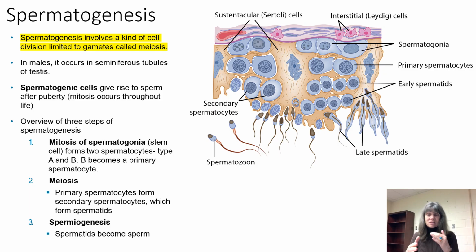Type A spermatocytes remain as spermatogonia, but type B spermatocytes become primary spermatocytes, which are eventually going to turn into sperm when spermatids undergo the process of becoming physical sperm, which is spermiogenesis. So keep those two terms separate in your head. Spermatogenesis, the overall process; spermiogenesis, spermatids become sperm. We're going to take a closer look at this process in the next slide.